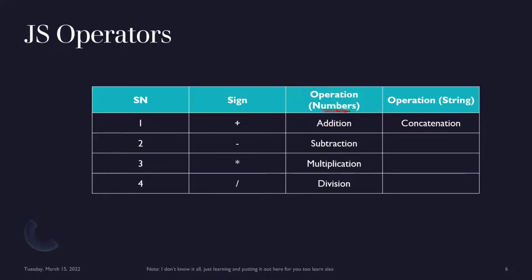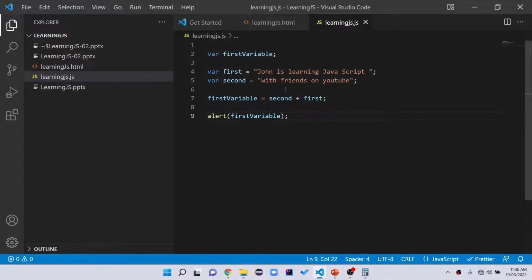Now I'm sure you're asking yourself: what if I have John is learning JavaScript, and then the second variable, instead of another string, has a set of numbers, let's say the year JavaScript was created, which is 1995. We save this. Now we're going to have concatenation again. This time we're going to have John is learning JavaScript 1995.